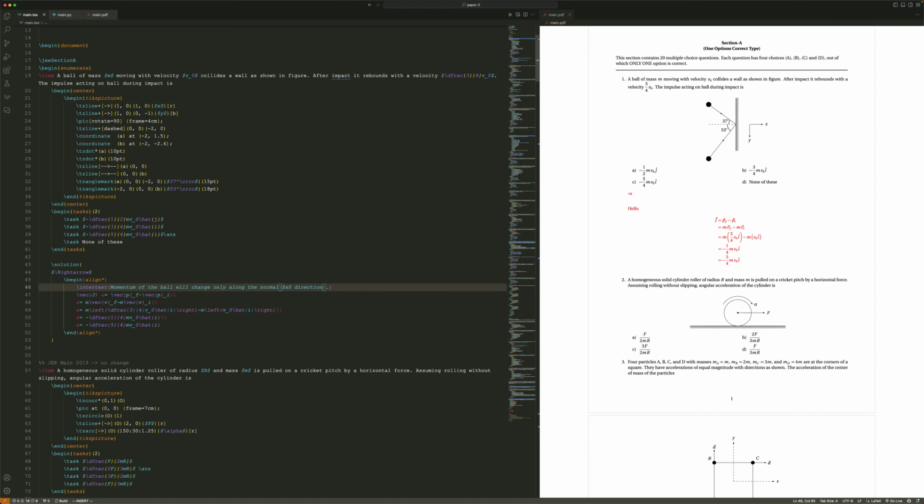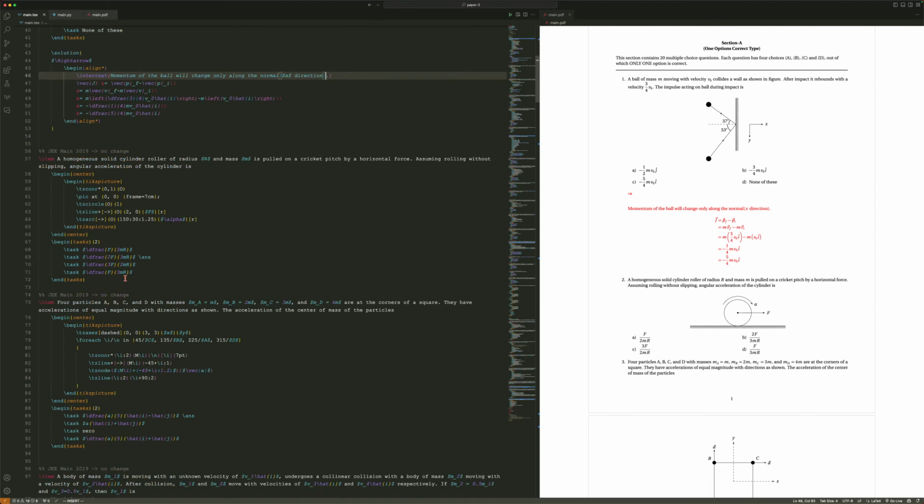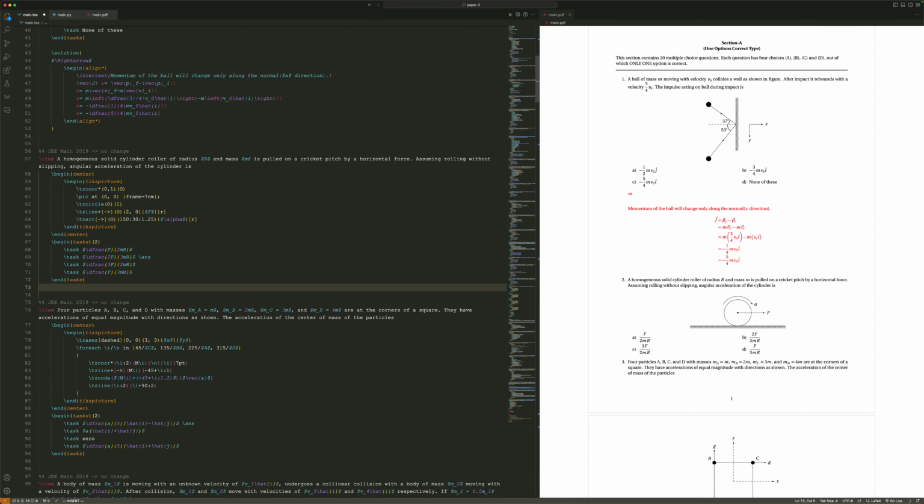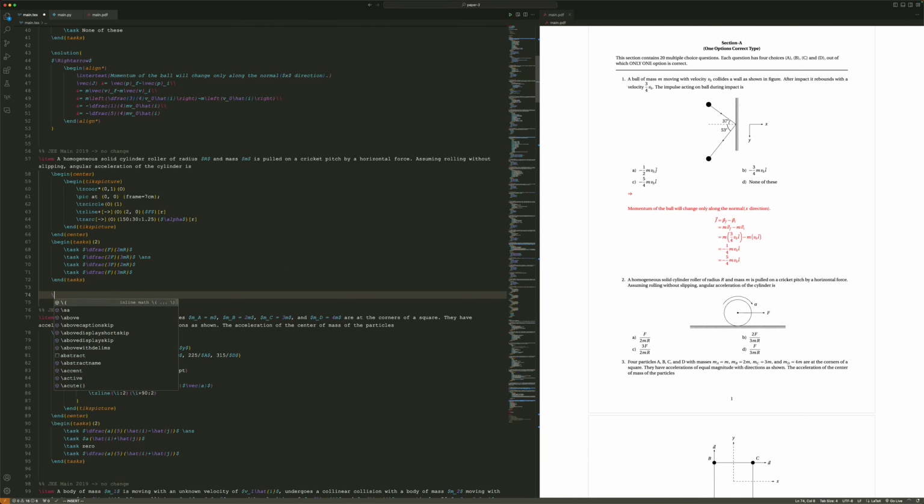So yeah, I think this will clear the idea. The momentum of the ball will change only along the normal. So we did complete the solution. So let's move on to the second one, and again we can start with solution.